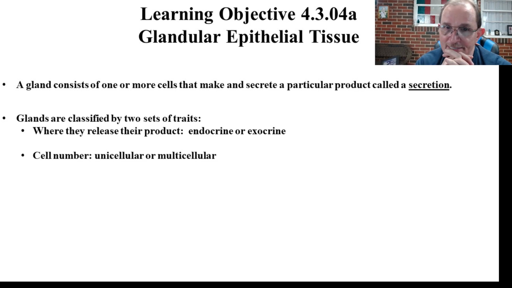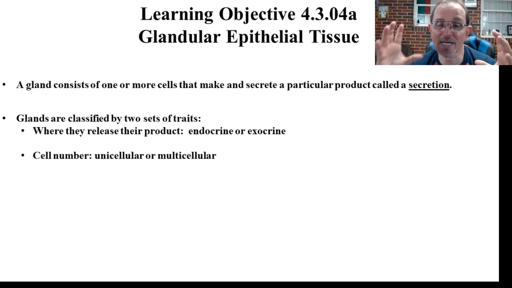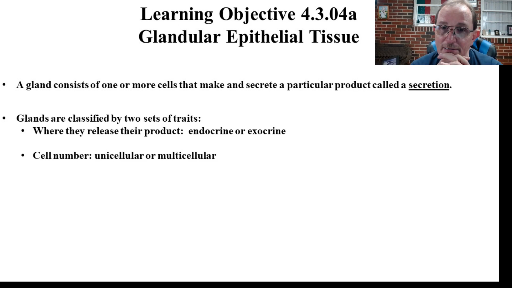So let's talk about endocrine and exocrine. Endocrine just means that the cell does exocytosis and puts the product out into the interstitial fluid around the cell, and it eventually makes its way to the blood vessels and goes to where it's going.